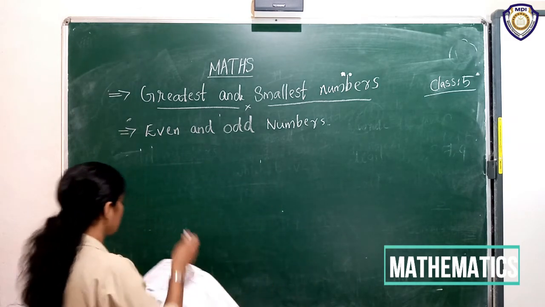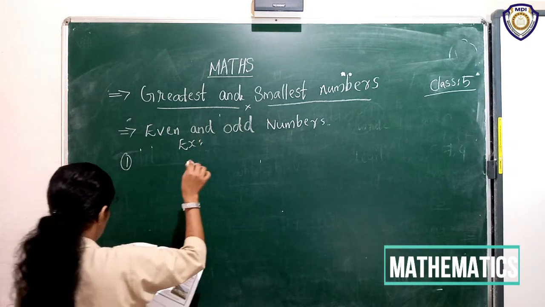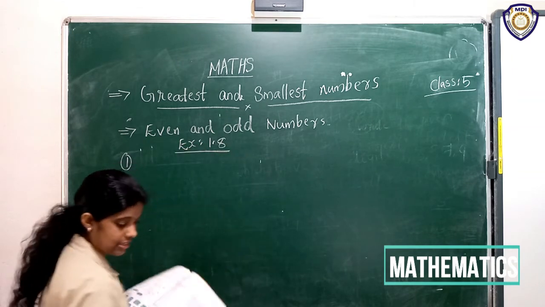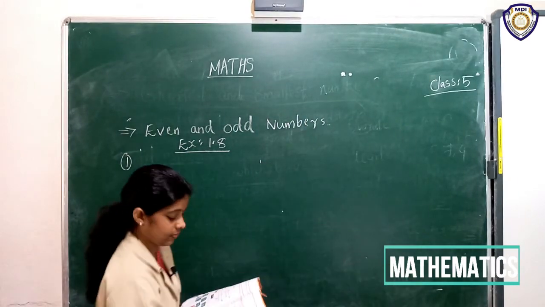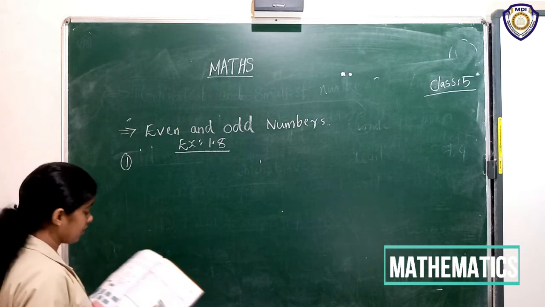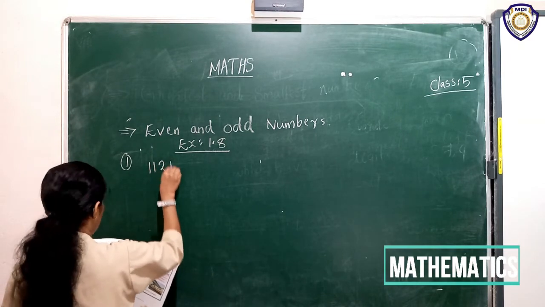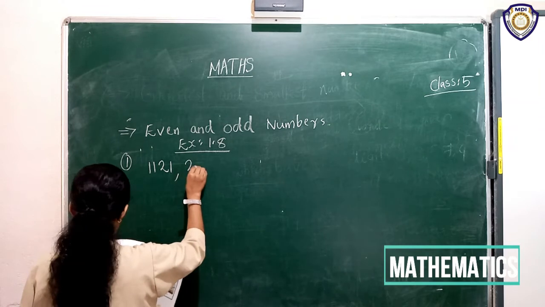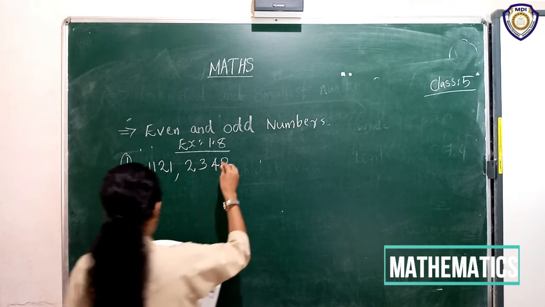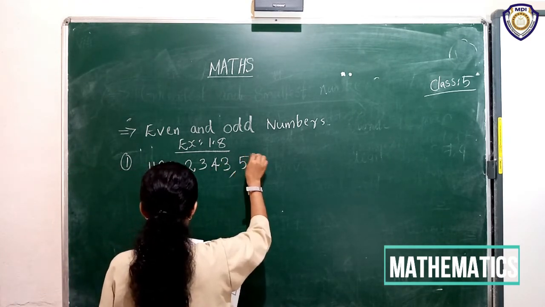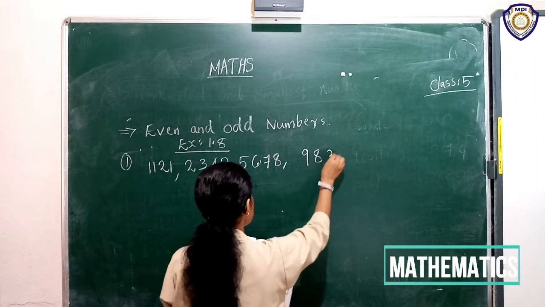Okay. First one, A: 1121, 2343, 5678 and 983.